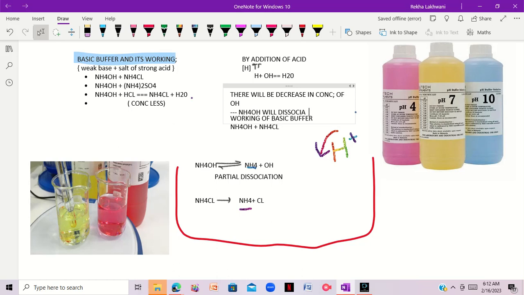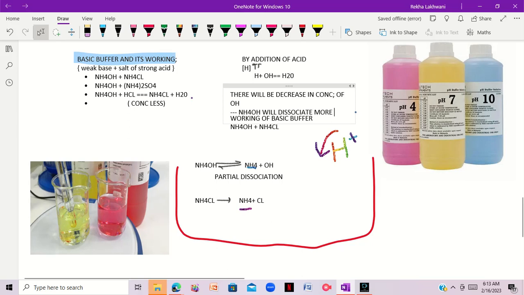As there was an addition of hydrogen ions in the solution, these hydrogen ions will combine with OH ions and form water. So there will be a decrease in OH concentration. After the decrease in OH concentration, now we want more OH, so this ammonium hydroxide will dissociate more to give OH ions. Now I hope this is clear to you.